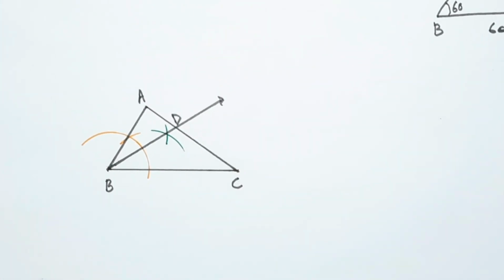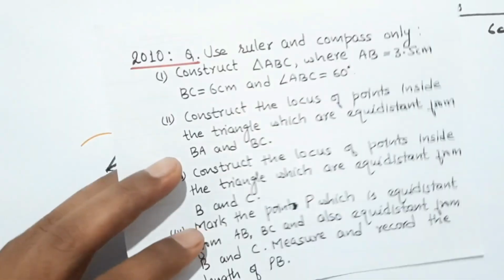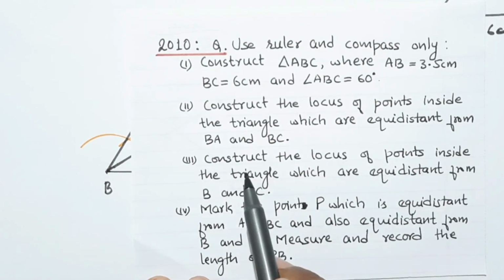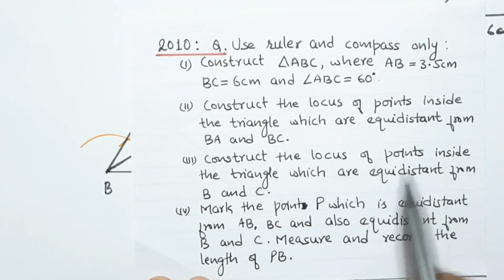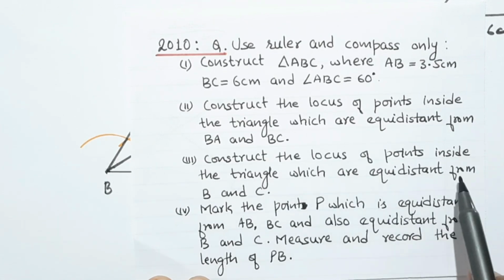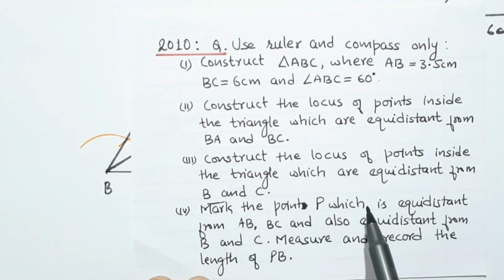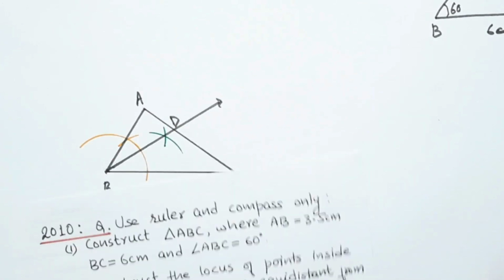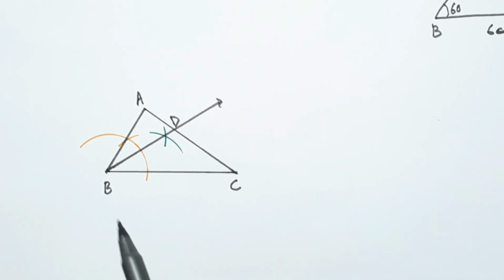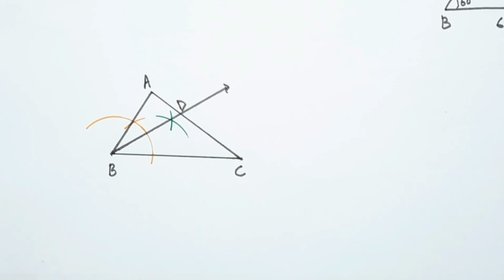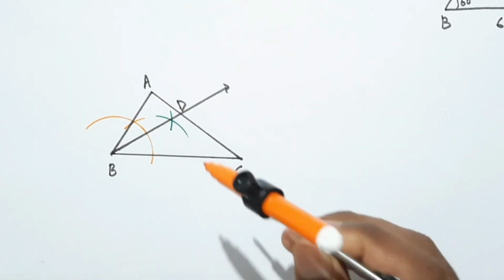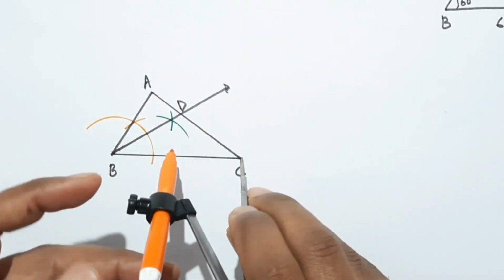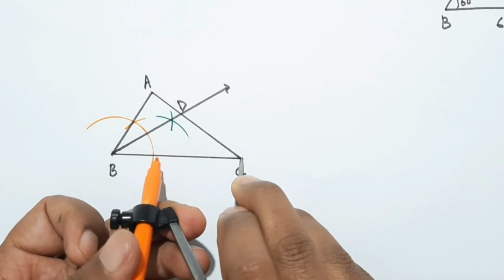Now next part 3. Construct the locus of a point inside the triangle which are equidistant from B and C. That means these are equidistant from 2 points, so we have to draw perpendicular bisector of BC. For that, first we'll take our compass here and measure little more than half of BC.